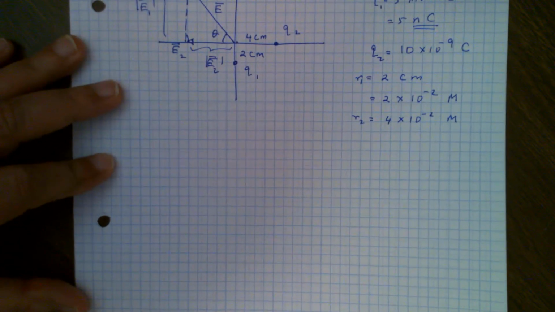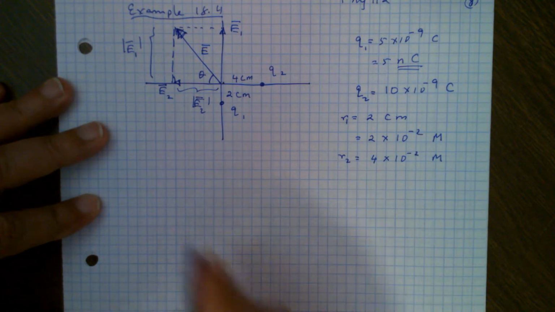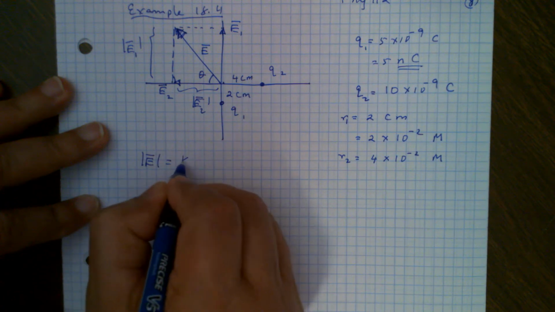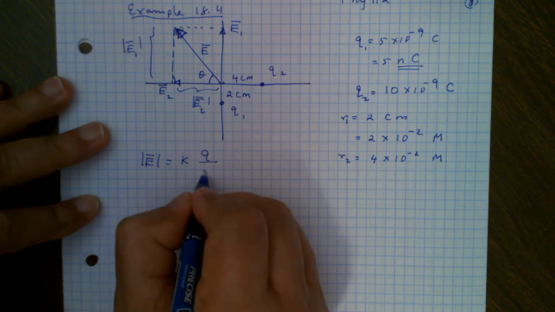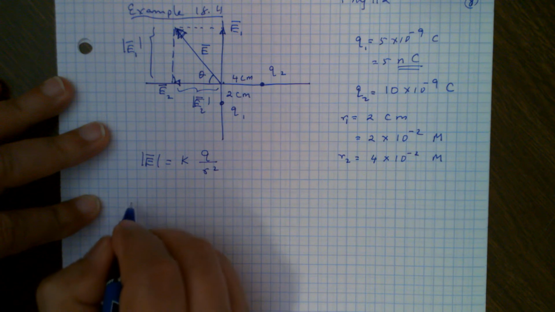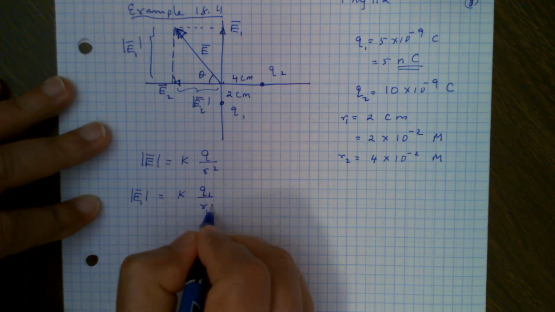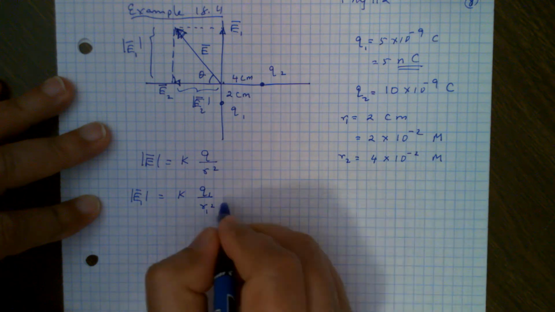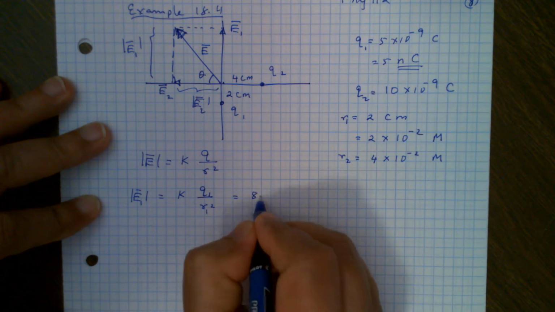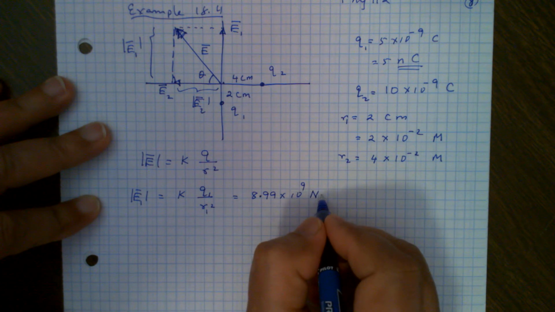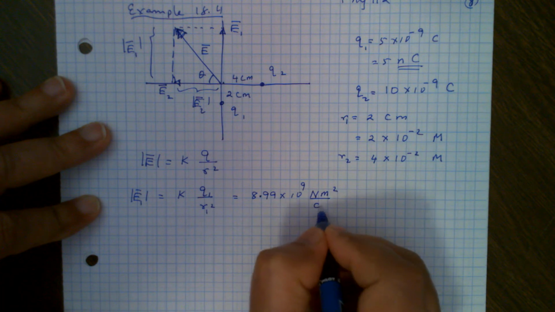So let me see if you can see the picture. The formula for electric field is E magnitude is equal to K Q by R squared. So for E1, obviously E1 magnitude will be equal to K Q1 by R1 squared, right? And K is 8.99 times 10 to the power 9 newton meter squared per coulomb squared.